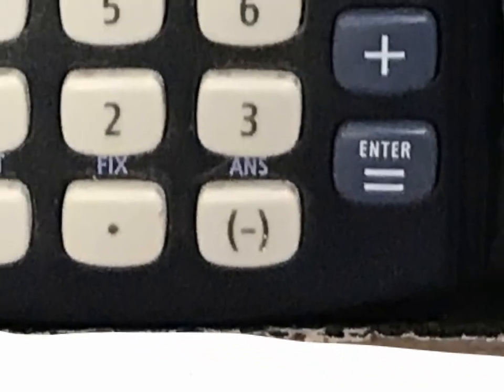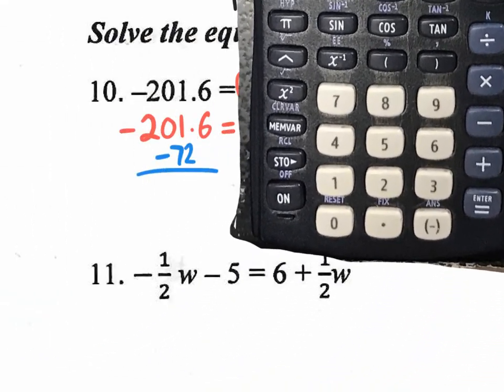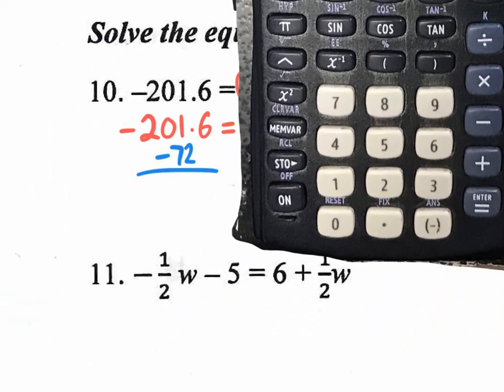Really weird, okay? So this button is a negative sign on the Texas Instrument, okay? So in order to type in negative 201.6, you have to hit this button, negative 201.6, and then you're going to hit minus, because that's a minus 72, hit equal, it'll give you your answer.